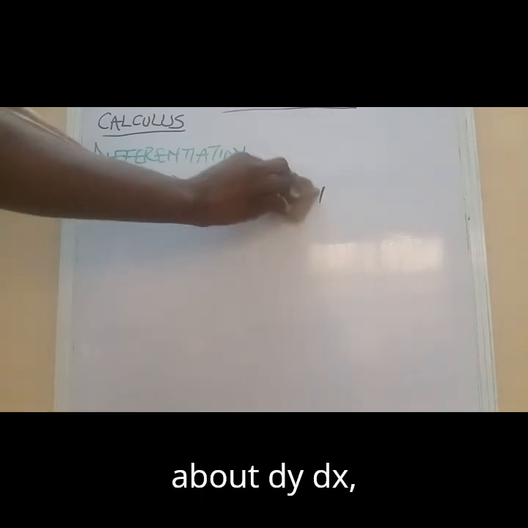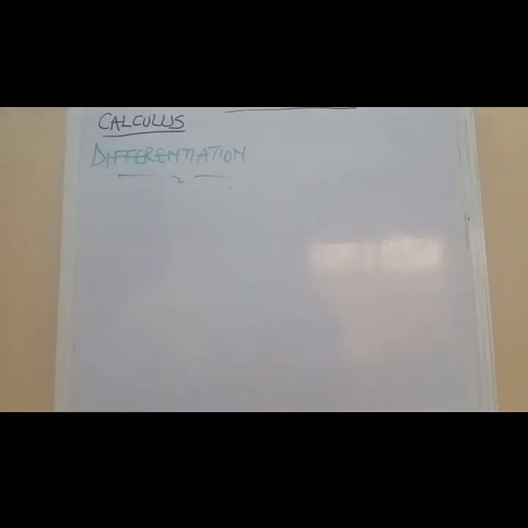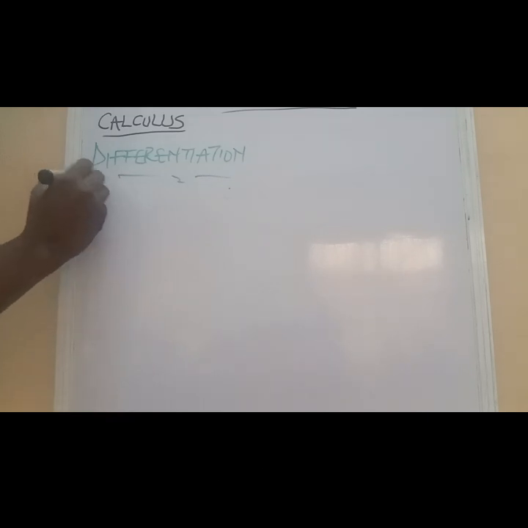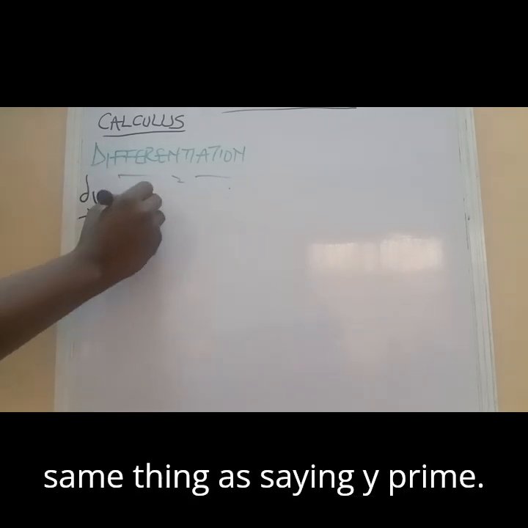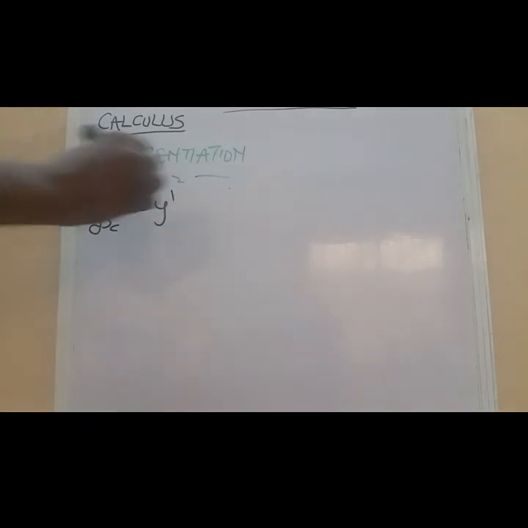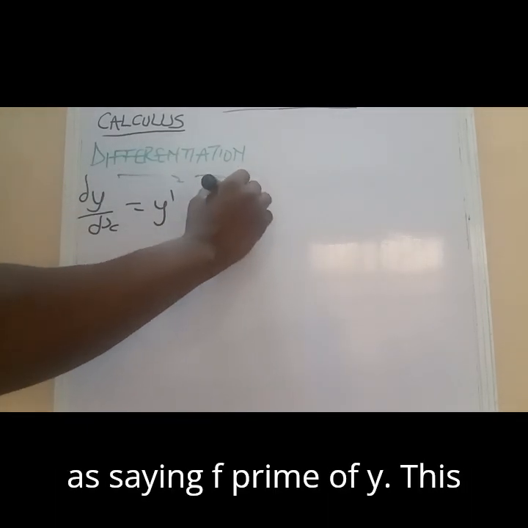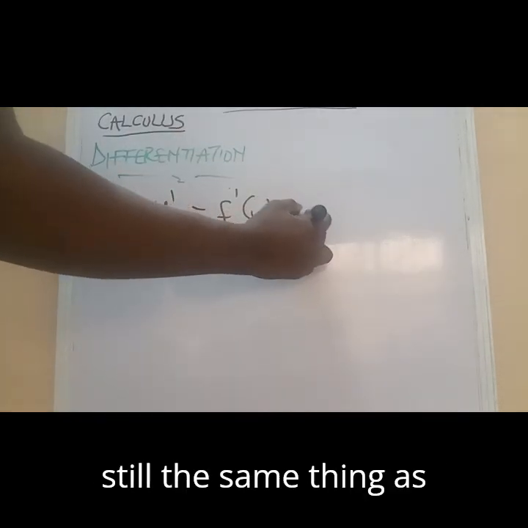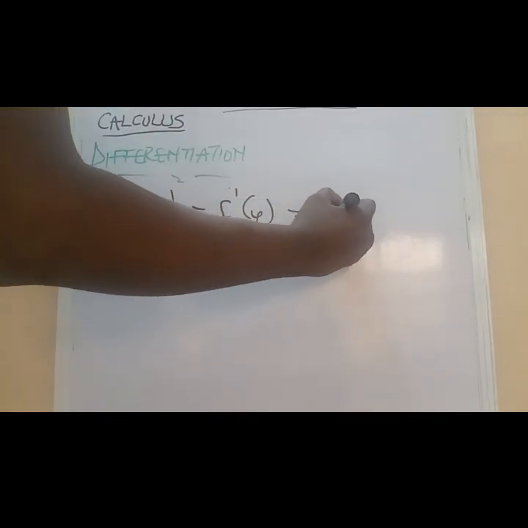So when we talk about dy dx, that's dy over dx. It's still the same thing as saying y prime, and it's still the same thing as saying f prime of x. It's also the same thing as saying slope.